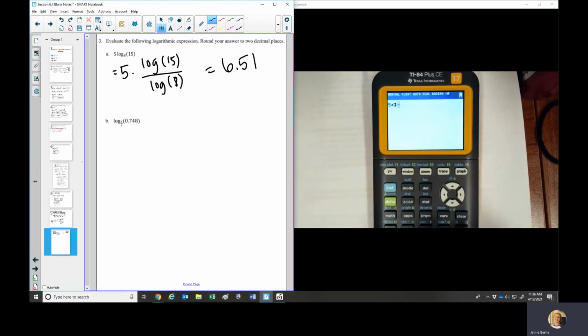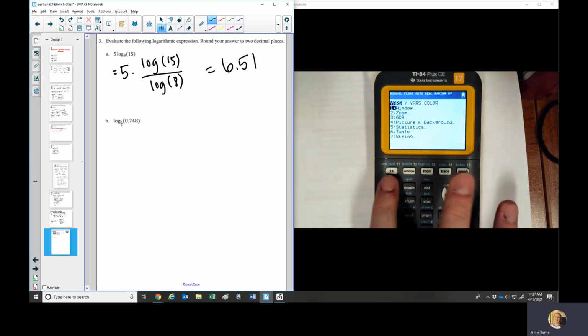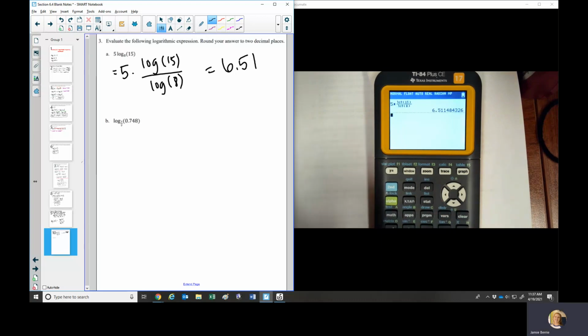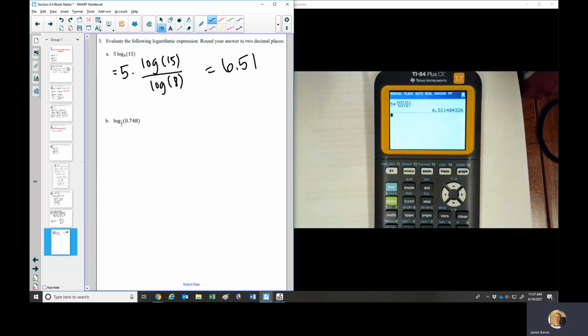So you could type in 5 times log of the argument divided by log of the base. Sorry, I'm not looking where I'm typing. I keep hitting the wrong button. So I just wanted to remind you of that little fraction button that exists in the TI-84 calculators.